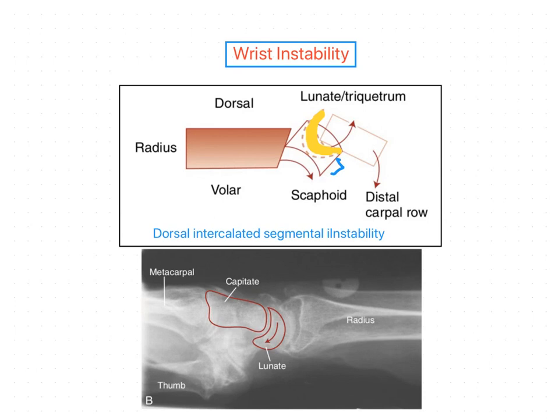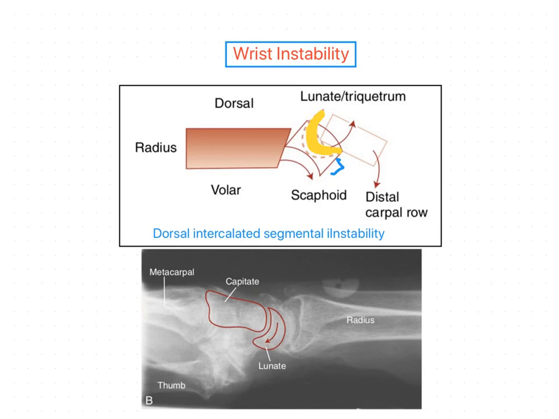So what happens now? These two bones are attached with some ligaments. If there is any injury to these ligaments, one or more than two ligaments which are attached to these bones, it mainly causes the scaphoid to be an unstable segment.